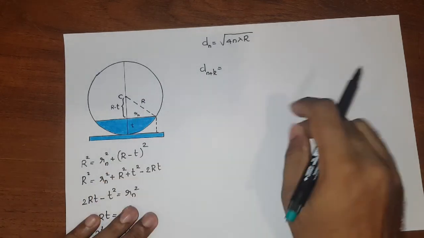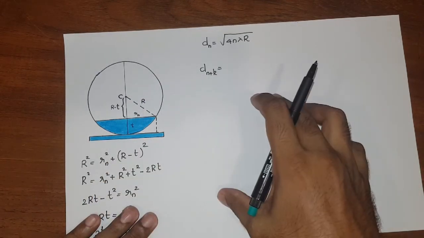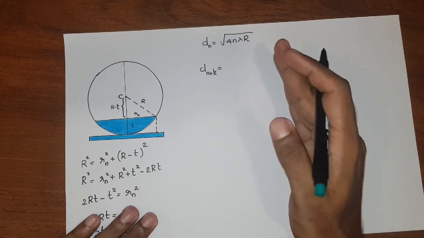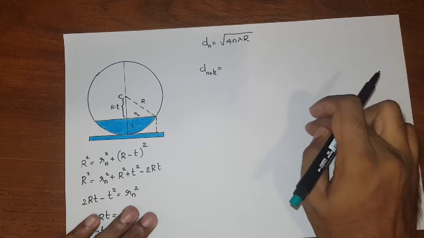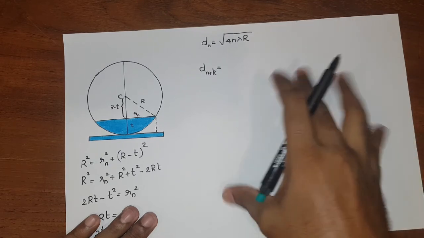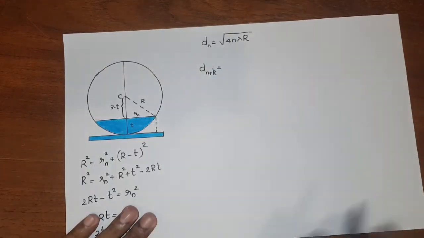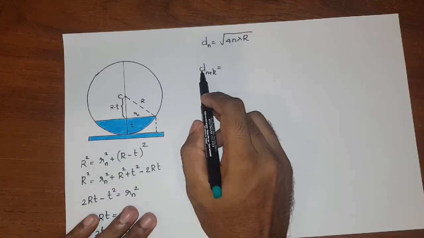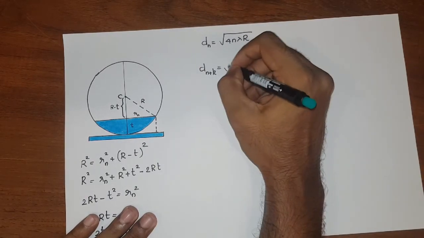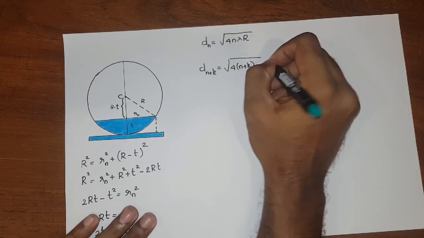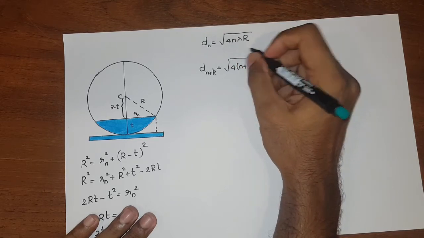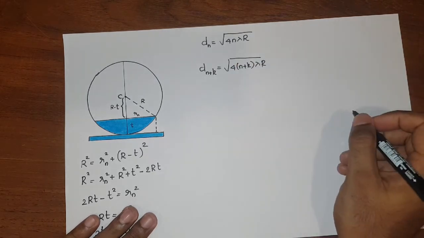I hope it is clear. First we choose a ring from the pattern, and that will be the nth ring. Now I choose some other ring which is k rings after the nth ring. So that will be a bigger ring. I will measure its diameter, and that will be dn plus k. And simply we can write it in the formula as square root of 4 n plus k into lambda r. Instead of n, I put n plus k.